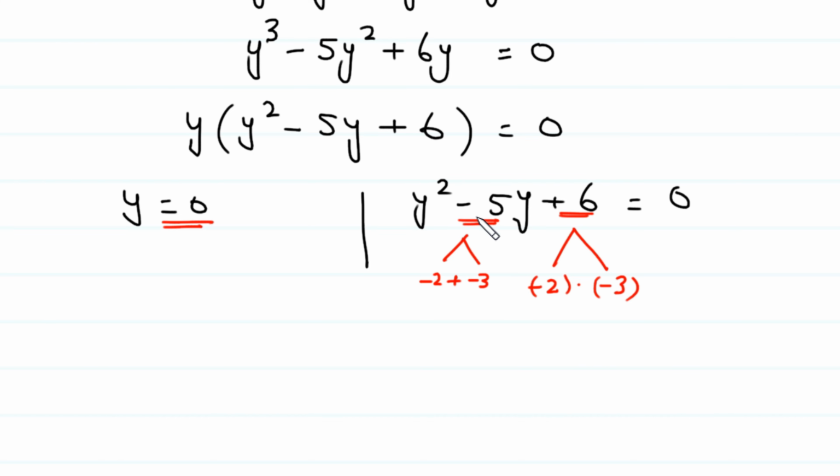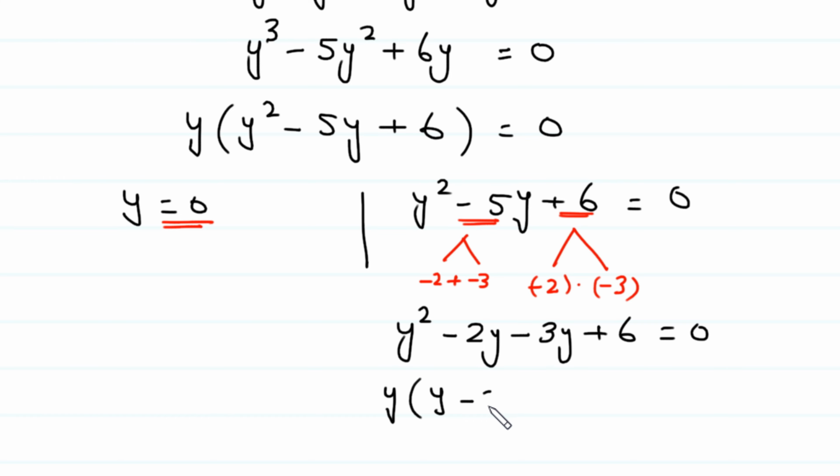So we can write this equation as y square minus 2y minus 3y plus 6 is equal to 0. And from y square minus 2y we can take y as common, and in bracket left y minus 2, and from minus 3y plus 6 we can take minus 3 as common, and in bracket left y minus 2 is equal to 0.